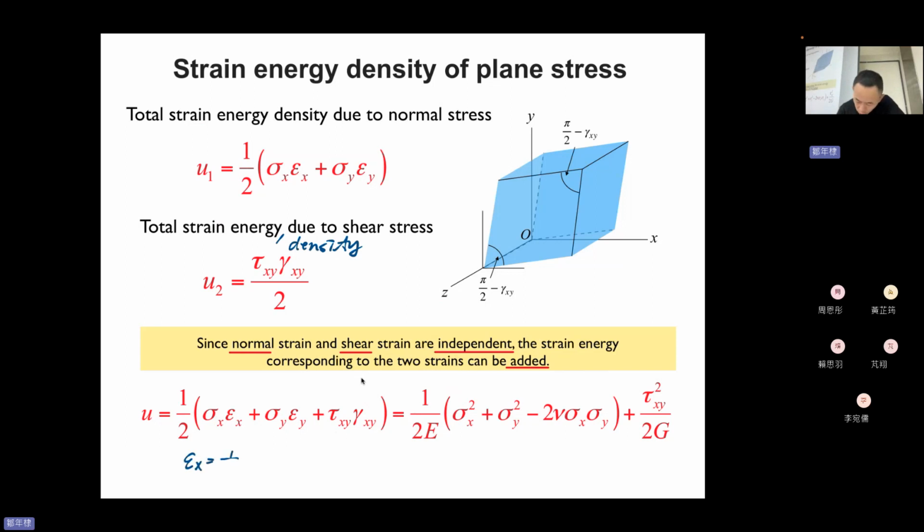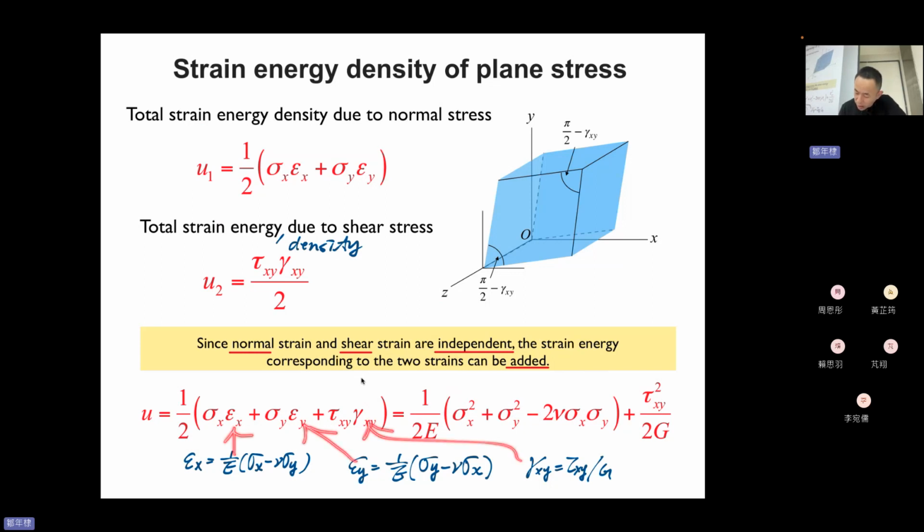Epsilon x equal to 1 over E times sigma x minus nu sigma y, and epsilon y equal to 1 over E times sigma y minus nu sigma x, and gamma xy equal to tau xy divided by G. So if we just substitute epsilon x, epsilon y, and gamma xy, we can get this ugly form.